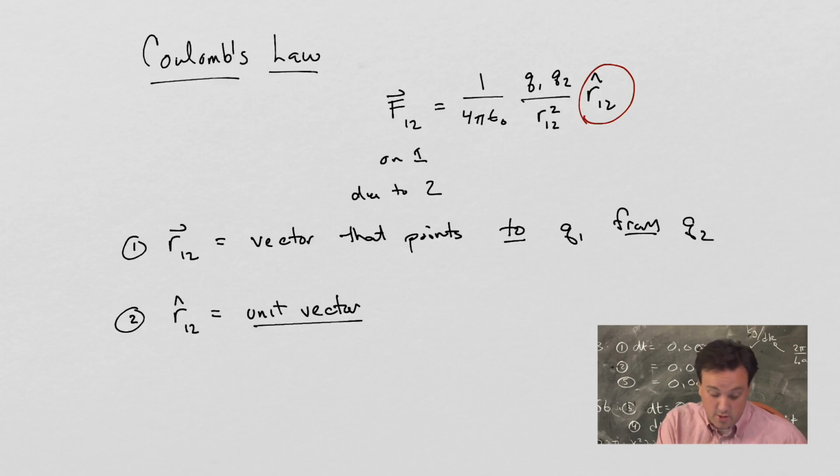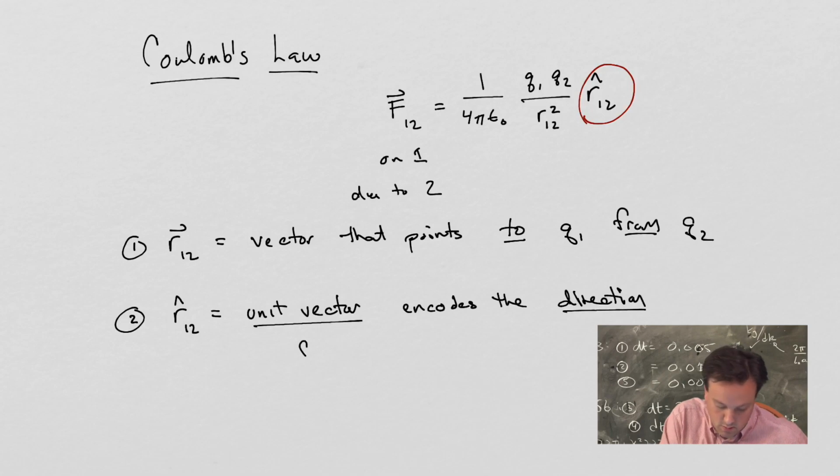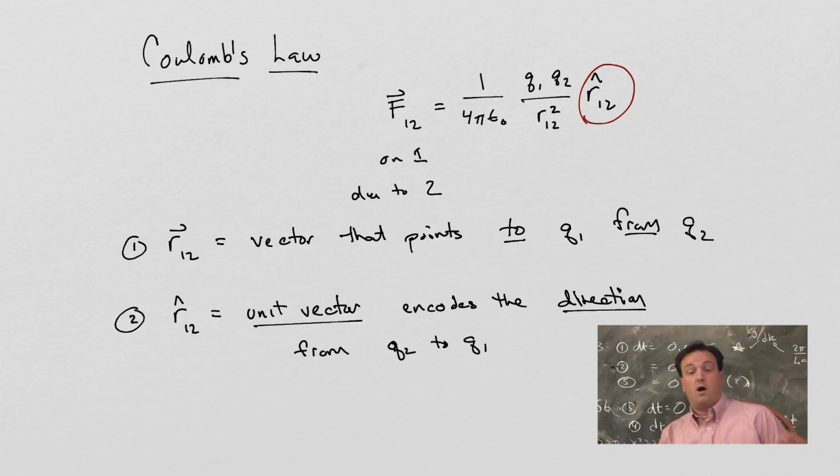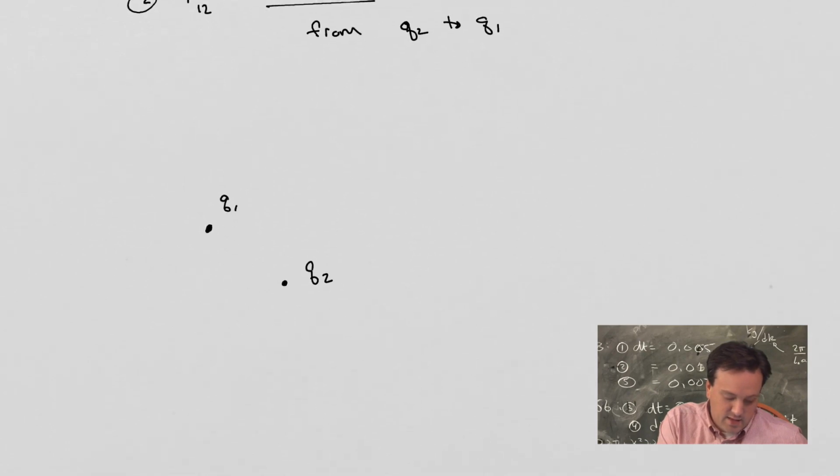So it's a unit vector, but that encodes the direction from Q2 to Q1. So the vector R12 points from Q2 to Q1, but the unit vector just remembers the direction from Q2 to Q1.